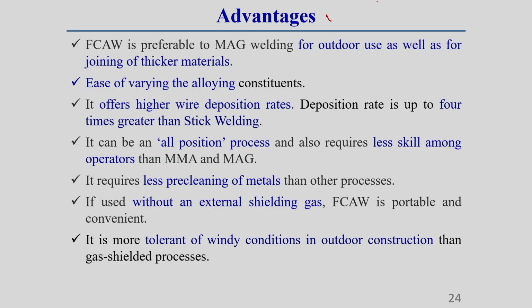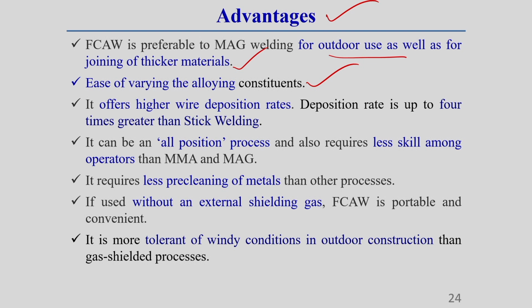Now, we will discuss the advantages of this welding process. It is preferable to the MAG welding process for outdoor use as well as for joining thicker material, because we are using a slag type of medium. That is why this welding process can be used in windy conditions. It offers ease of varying the alloying constituents, a higher welding deposition rate, and can be used in all positions.